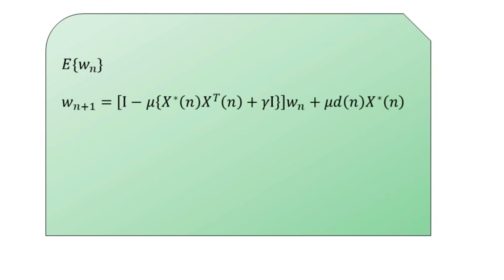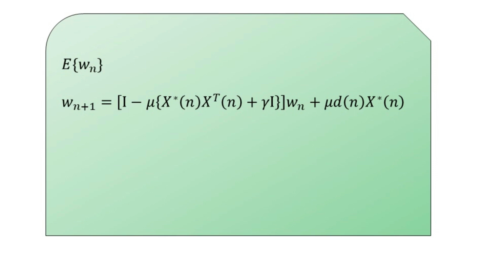Now, if we make a simple substitution of our previous expression of the error signal e of n into the previous expression, then we have W suffix n plus 1 is equal to, in the square bracket, capital I minus mu times the conjugate of x of n into the transpose of x of n, added by gamma into capital I. This square bracket is multiplied by the weight vector W suffix n, further added by mu into d of n into the complex conjugate of x of n.